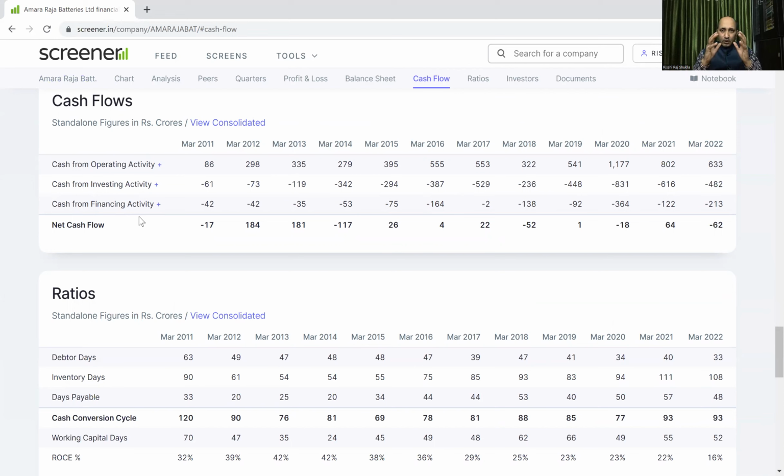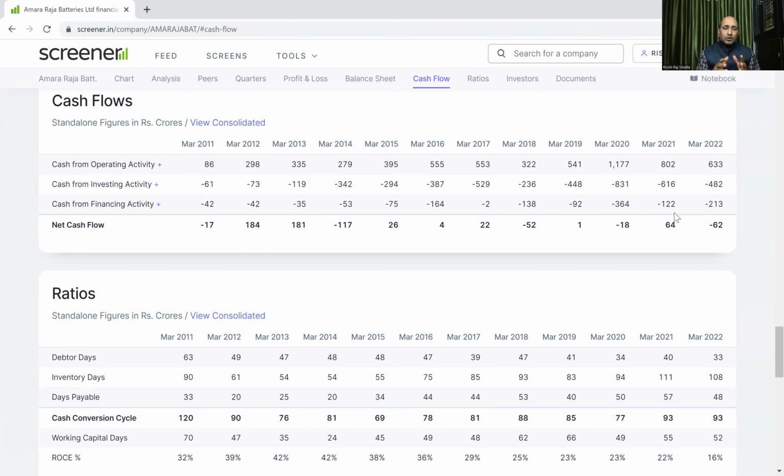That means whatever we take as loan, repay as loan, or raise as cash through diluting shares, all this will come under financing activity. And this financing activity can be negative or positive. It depends on what activities we are doing.